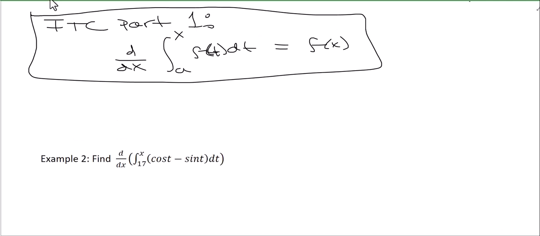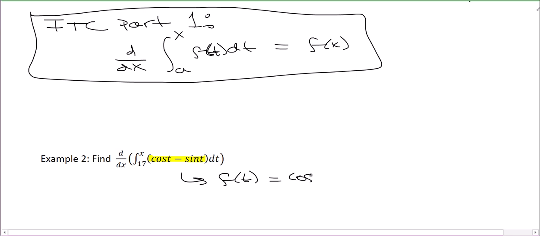For this example, find the derivative of the integral from 17 to x of cosine t minus sine t dt. So the derivative of an integral, I essentially get my f of whatever my function is in terms of x. Our function is the stuff on the inside. So f of t is equal to cosine t minus sine t.